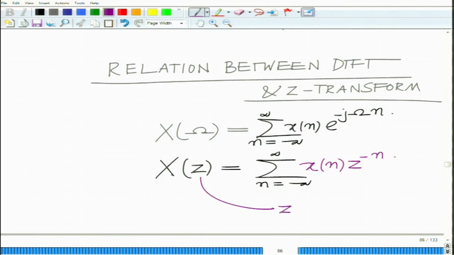Which implies that if I substitute z equals e raised to j omega in the Z transform, then the Z transform becomes the Fourier transform. But remember, for the Z transform to converge, z equal to e raised to j omega has to be in the ROC of the Z transform.